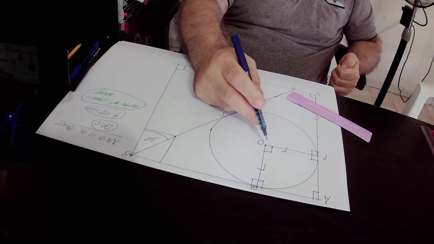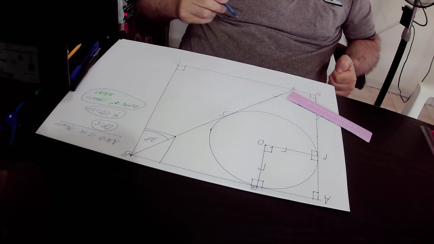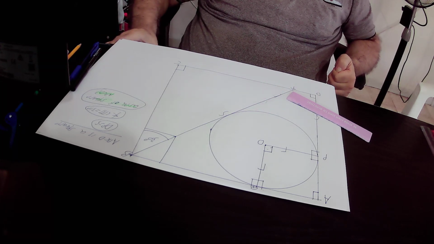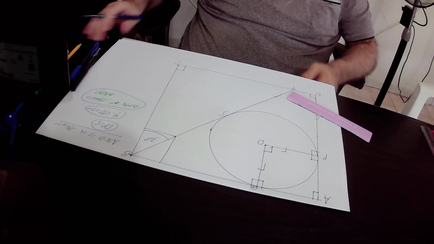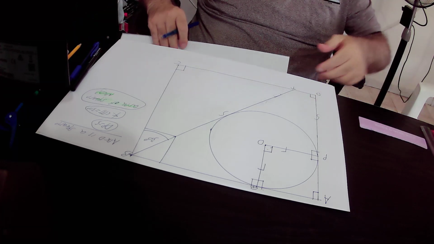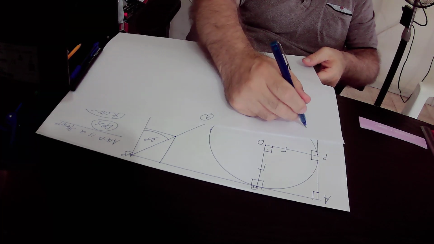Okay, so we found out that inside quadrilateral AQPO we have 4 right angles. So quadrilateral AQPO that has 4 right angles is a rectangle.